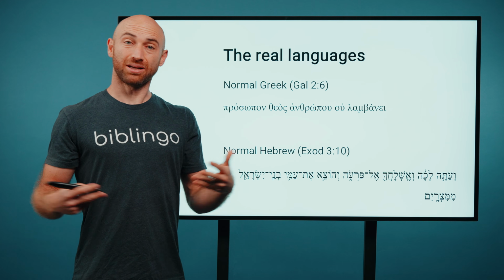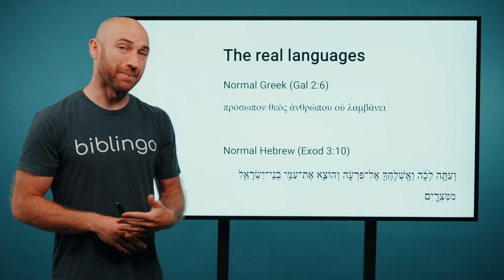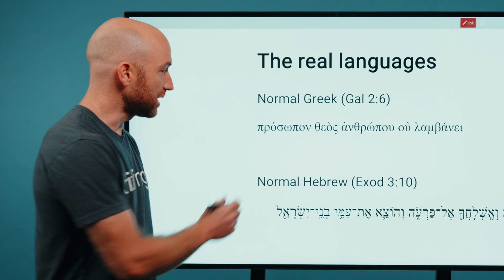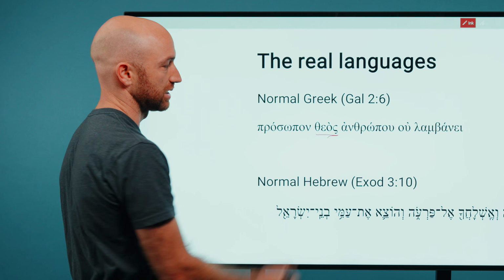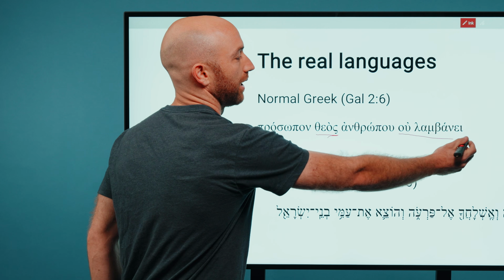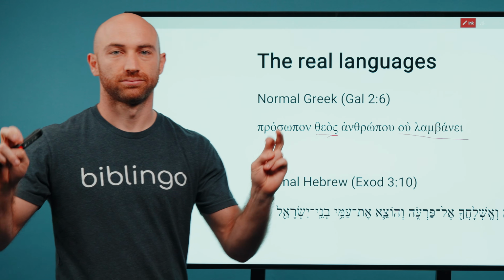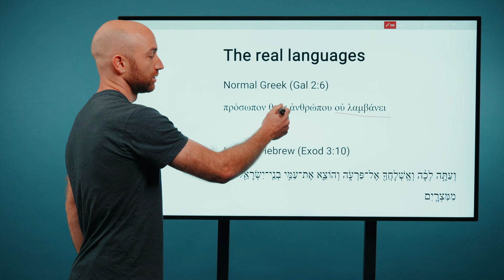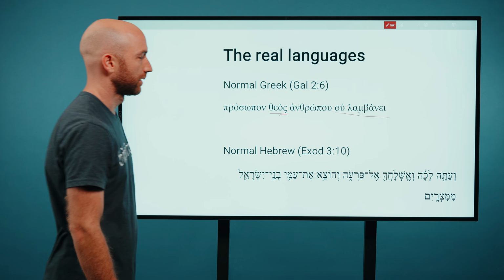So there are some things in the sentence that make this hard. This word theos is the subject, okay? Theos ou lambanei, does not take. We'll just gloss that as take for now. So theos ou lambanei, okay?